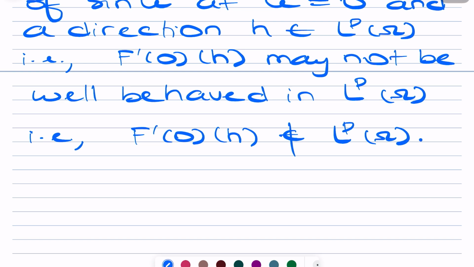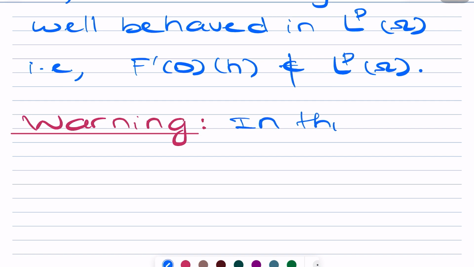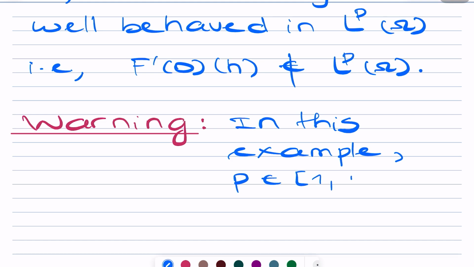And again, a warning. I said p was actually between 1 and plus infinity, so it is important to stress that fact. Warning, in the above example, p is between 1 and plus infinity, where plus infinity is excluded.